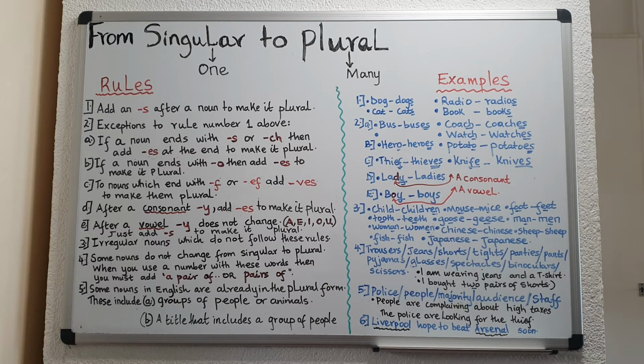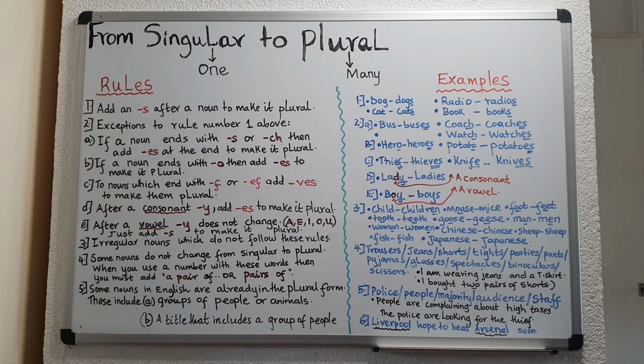Okay? For example, look at example 2E. Boy becomes boys. Why? Because boy ends with Y and the letter just before the Y is a vowel.